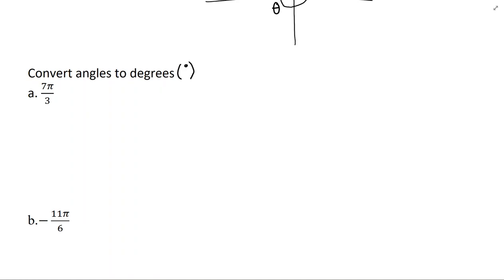To go from radians to degrees, we'll do something very similar to what we did from degrees to radians, but backwards. Instead of having the radians on top, we're now going to put 180 on top because we want degrees, and the radian, which is pi, on the bottom. When you calculate, you'll get 420 degrees.